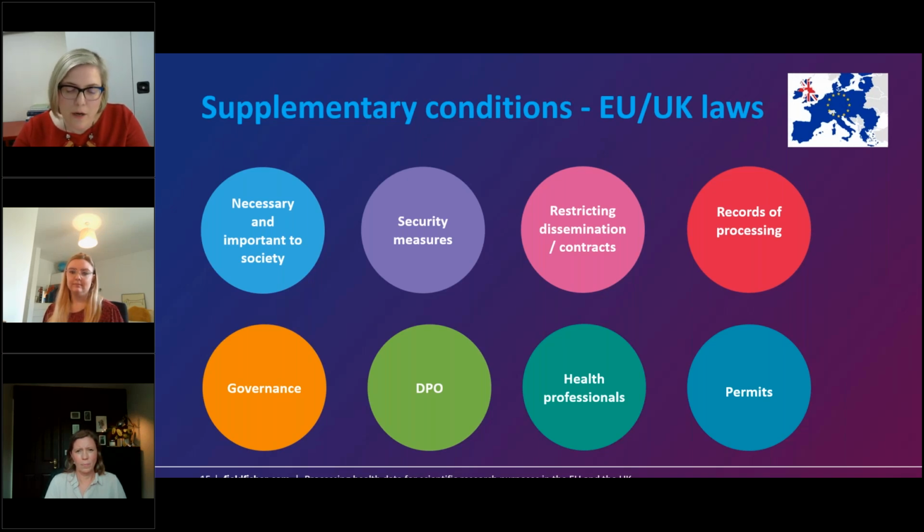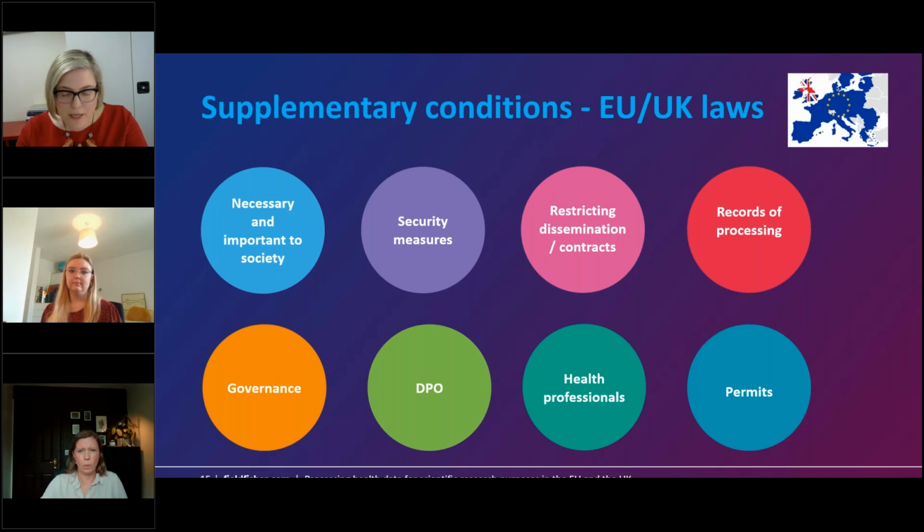So the GDPR requires that additional safeguards, as Alex was just saying, are put in place in order to protect personal data used for research purposes. These safeguards, when they become these supplementary measures, must be set out by EU or local law. And what the GDPR says is that the safeguards must be proportionate, suitable to protect fundamental rights, and respect the essence of the right to data protection.